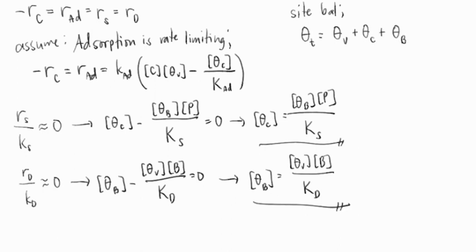We can now substitute our derived equations coming from the net rate of surface reaction and net rate of desorption into our site balance. We now have concentration of theta T is equal to concentration of theta V plus the concentration of theta B times the concentration of propylene over capital KS plus the concentration of the vacant active sites times concentration of free benzene over capital KD.